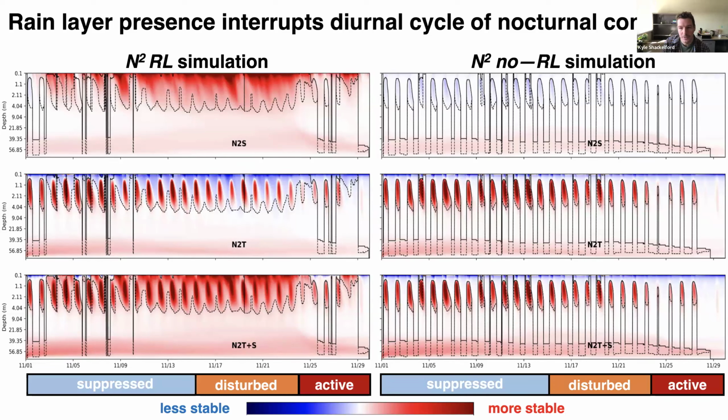So without rain layers, we can see that there's this regular cycle of the ocean mixed layer depth deepening down to approximately the thermocline at night, and then shoaling with diurnal warm layers during the day. With rain layers during the MJO disturbed phase, that essentially gets shut down. And so that subsurface ocean heat is not readily lost to the atmosphere during this period.